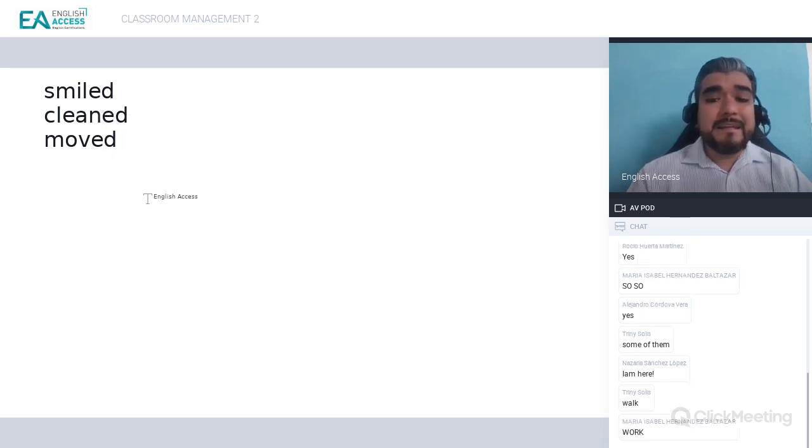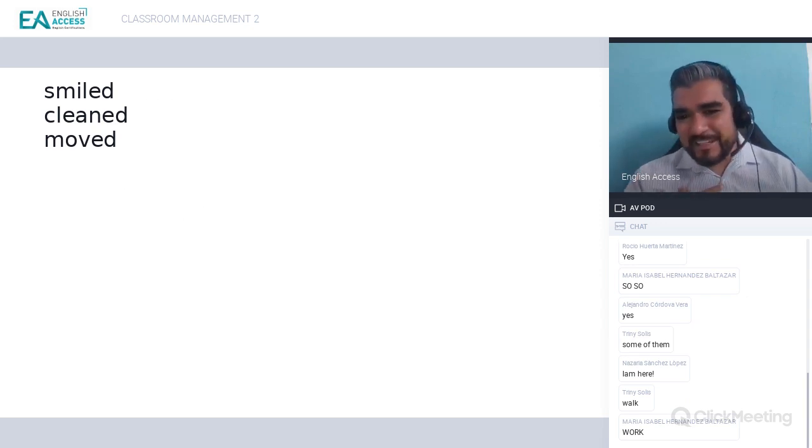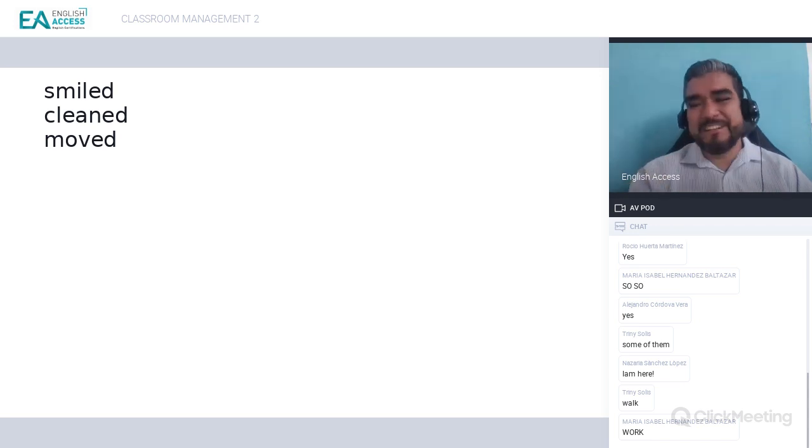These are the mistakes my student was making. I know there are many other regular verbs, but I'm just pointing out the mistake my student made. My student was saying smile it, clean it, and move it, instead of smiled, cleaned, and moved, right?